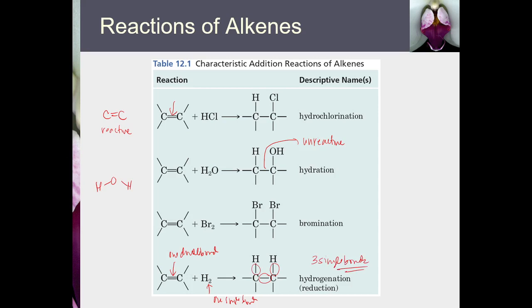So, just to give an overview, so your alkenes will react with water, so that's called a hydration reaction. It will react with H2, so that's hydrogenation, also called reduction reaction. We have here Br2, it can be Cl2, I2, and F2.